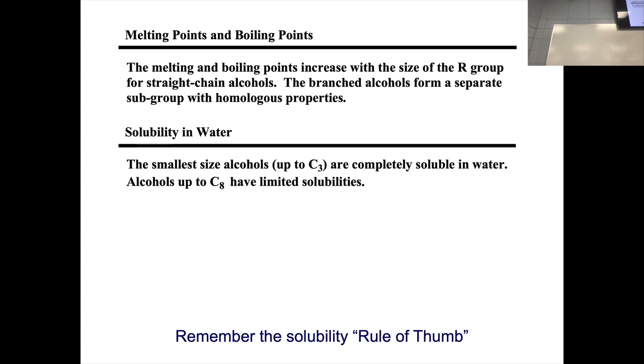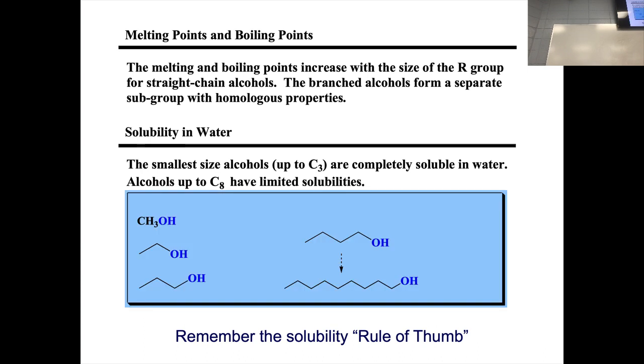Meaning I can take equal volumes of alcohol and water, mix it together, they completely dissolve. Okay? And you can get solubilities from C4 to C8, you can get some alcohol in water. Okay? You can start to get some alcohol in water with those as well. And so here's some examples.